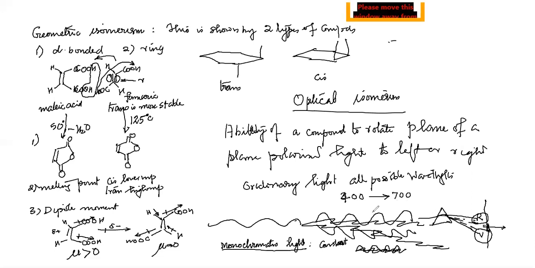Now we have to convert the monochromatic light into plane polarized light. This is done by a diffraction grating or Nicol prism, by passing the light through a Nicol prism.